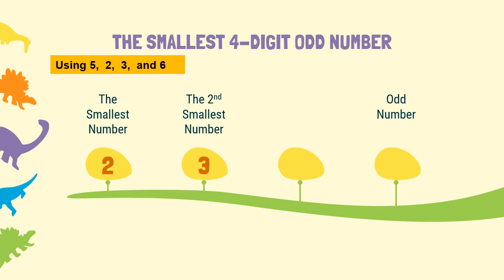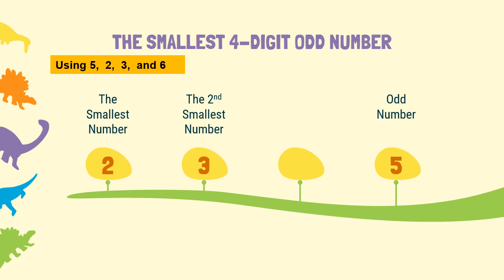Look at your numbers. You already used 2. You already used 3. So the numbers left are only 5 and 6. Which one must I put at the last to make it an odd number? 5 or 6? 5. So I put 5 here.